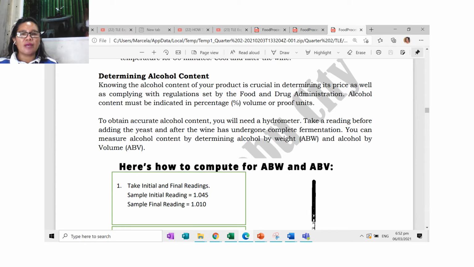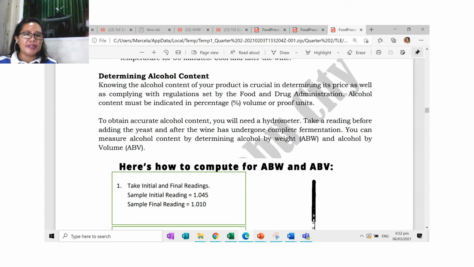ABW and alcohol by volume or ABV. Okay, so here's how to compute for ABW and ABV.